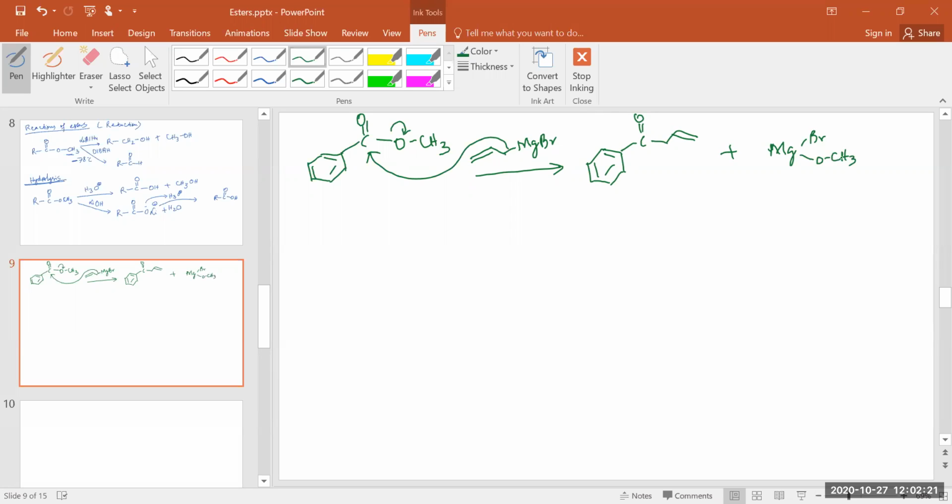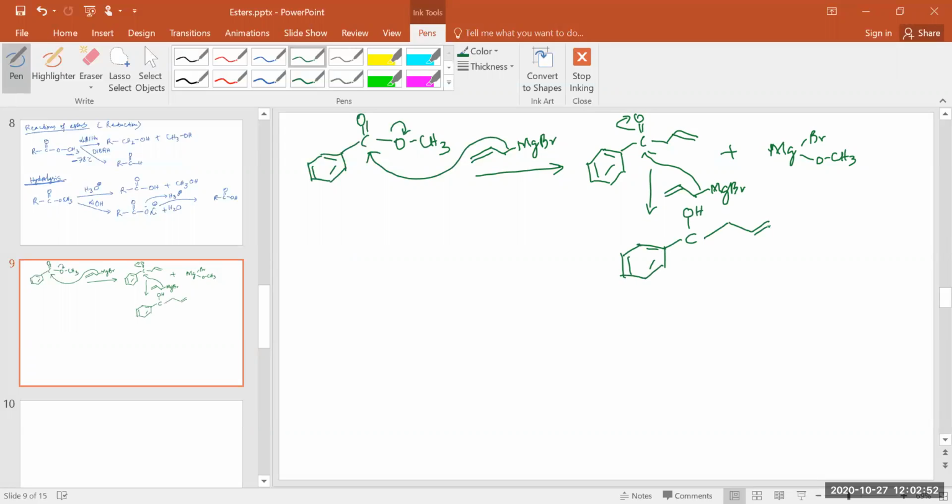See, the ketone is also very reactive towards Grignard reagent, so the reaction will not stop here. Further it will react, and after acid workup, it will make a tertiary alcohol.